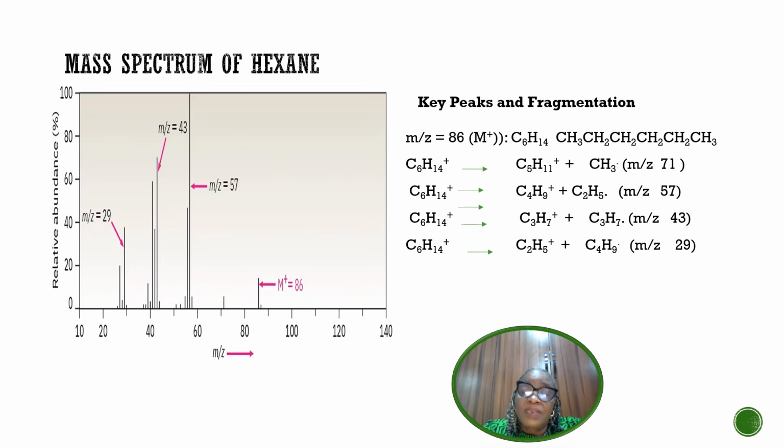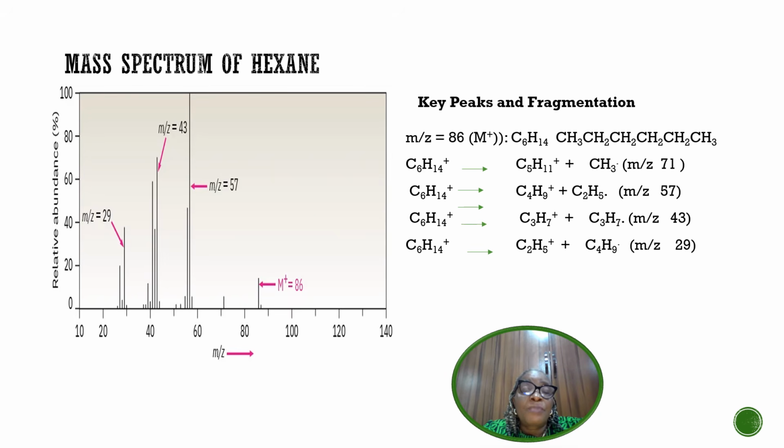Let us look at another example, the mass spectrum of hexane. The mass spectrum of hexane shows several fragmentation patterns. It shows an M+ at 86, which is the molecular ion that represents the intact hexane molecule, though it is often low in abundance due to easy fragmentation.